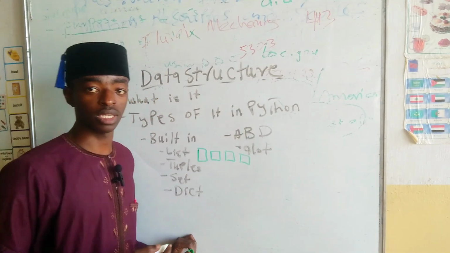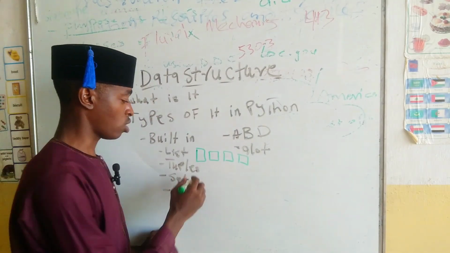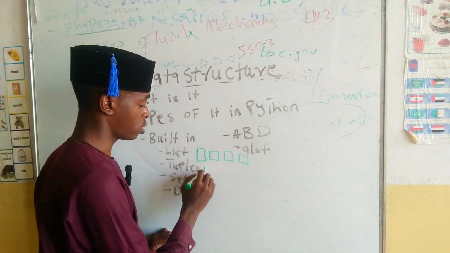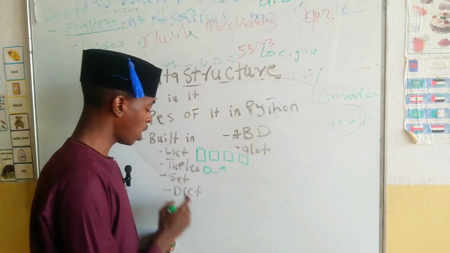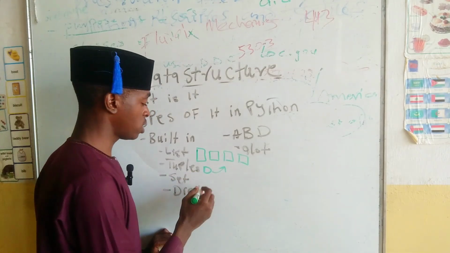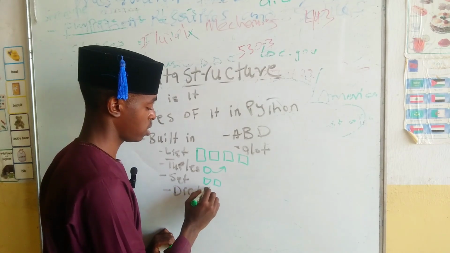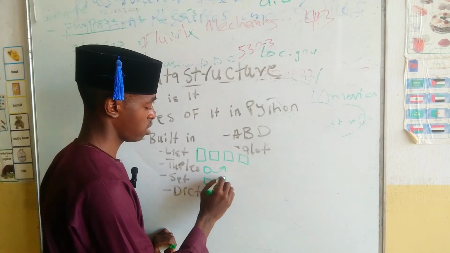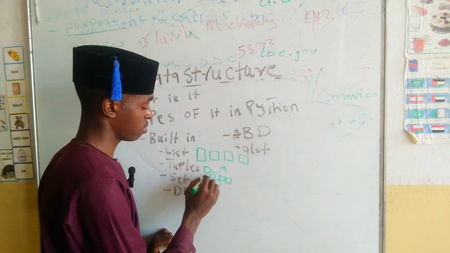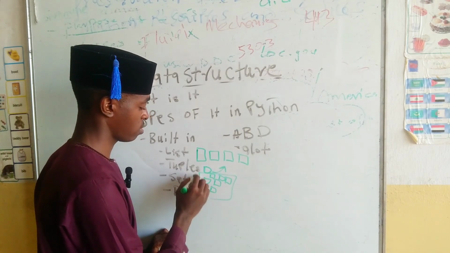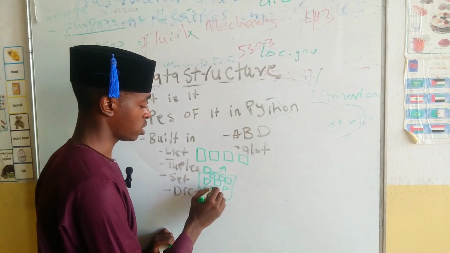This is how it organizes data. And let's say this tuple organizes data the same way as list. And this set organizes data but not in this kind of format. It's organized like this. So this is how set organizes data.